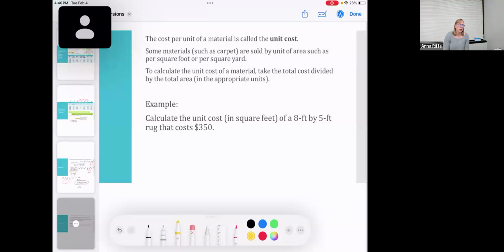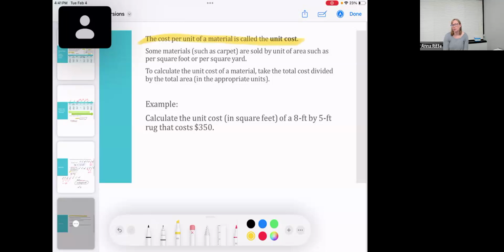Let's talk about something called unit cost, which you have probably seen before, but it is applicable for this particular lesson. The cost per unit of material, so unit being 1 in this case. So the cost per 1 item or 1 square foot, for example, or 1 square yard would be the unit cost.